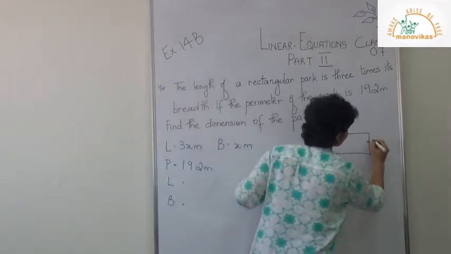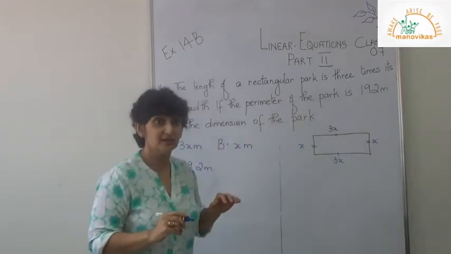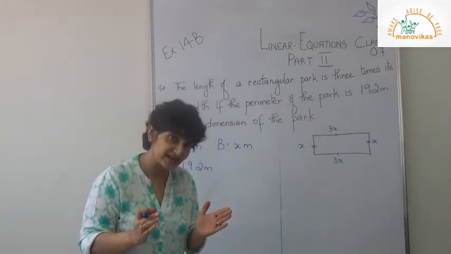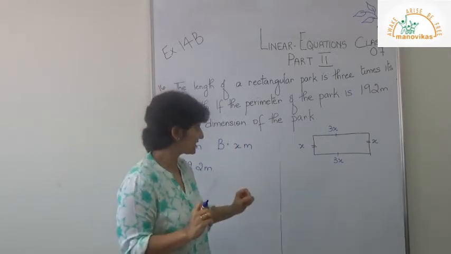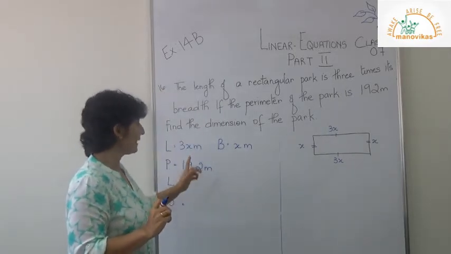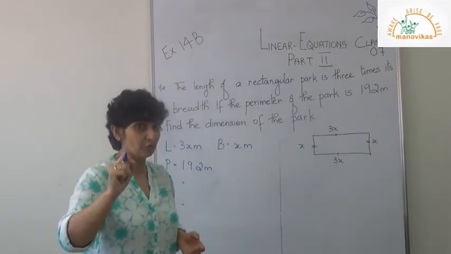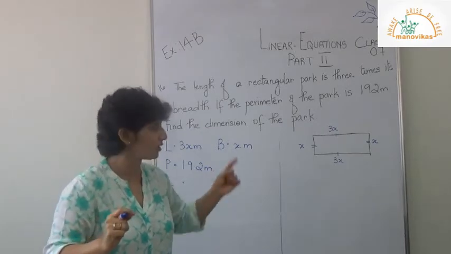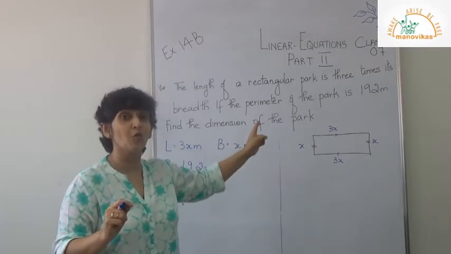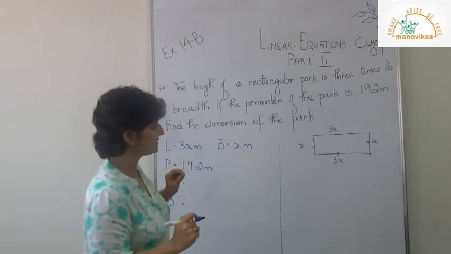And if this is x, then this also will be x meter, because the opposite sides in a rectangle are equal. Next, they are saying the perimeter is 192 meter. I have told you, perimeter means to add all the 4 sides. It is the sum of all the 4 sides.